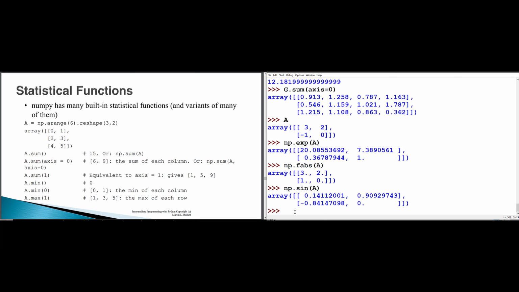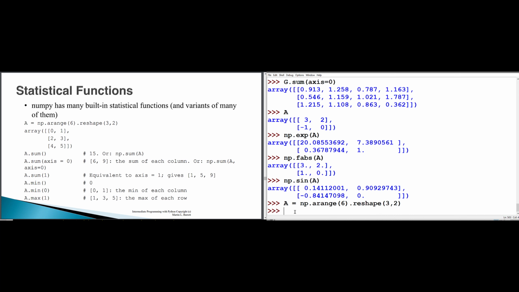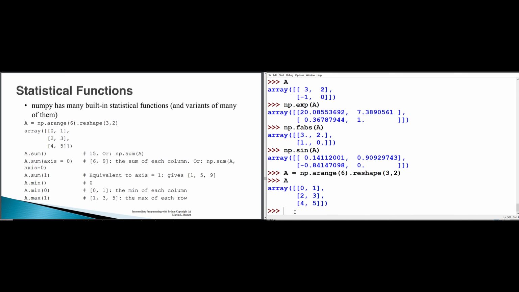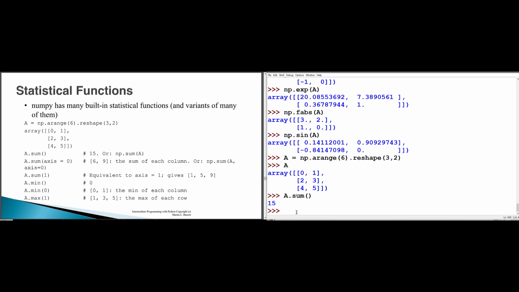Let me modify A now to be np.arange of 6, but reshaped as a 3-row and 2-column array. So it used to be 2 by 2, now it's 3 by 2. And if I say a.sum, I get the sum of all the items.